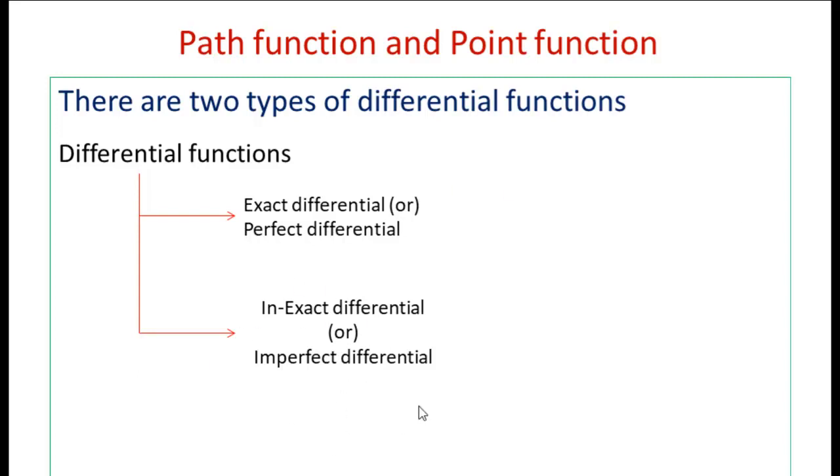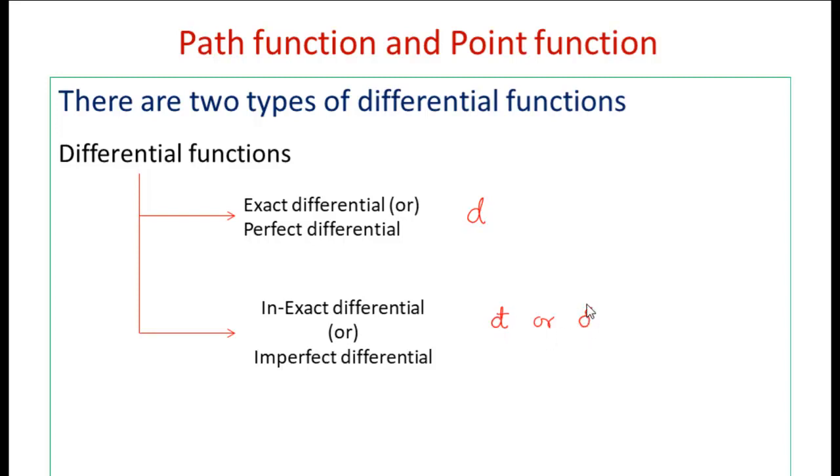Whatever you have studied in differential equations from your schooling, there we used to write D for differentiation. That refers to the exact differential or perfect differential. There exists one more differential function called imperfect differential or inexact differential, that is represented by D cross, or we will write delta.